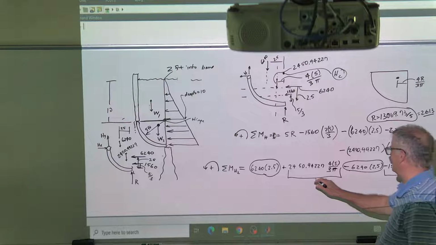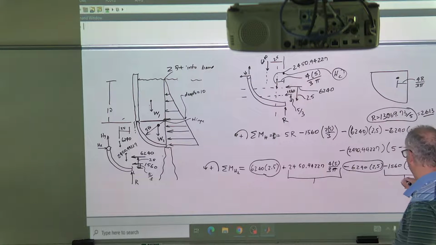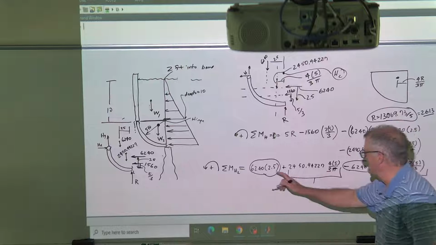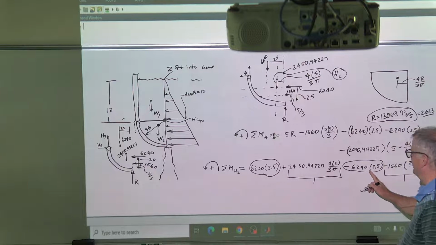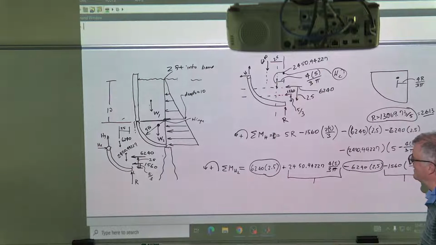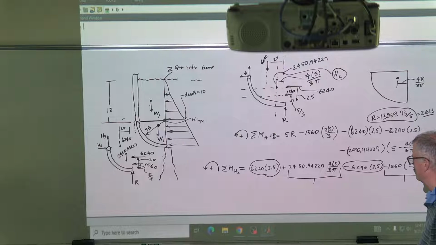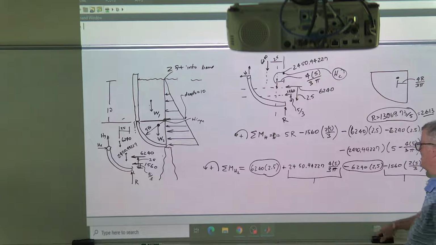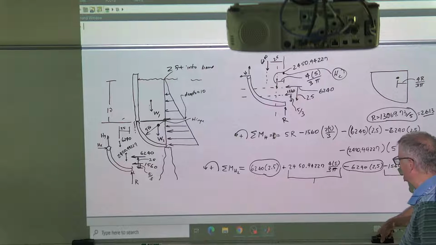Tell me what these two are. Because this one cancels that one. 2,450.44227 times 45.